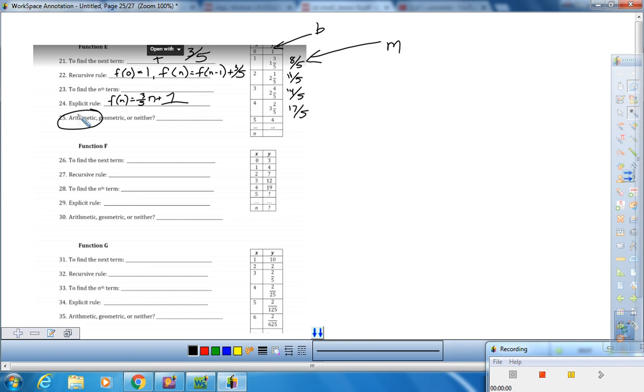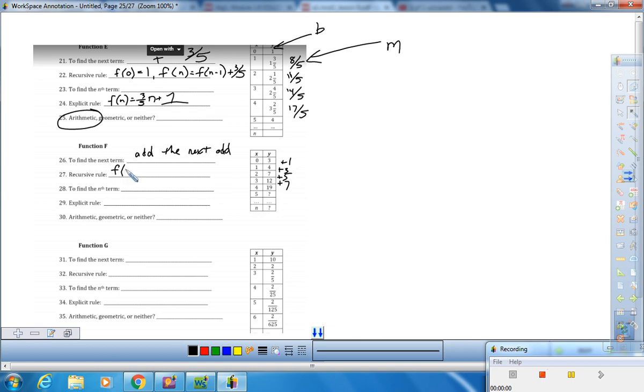Add 1, add 3, add 5, add 7, add the next odd. Wow.